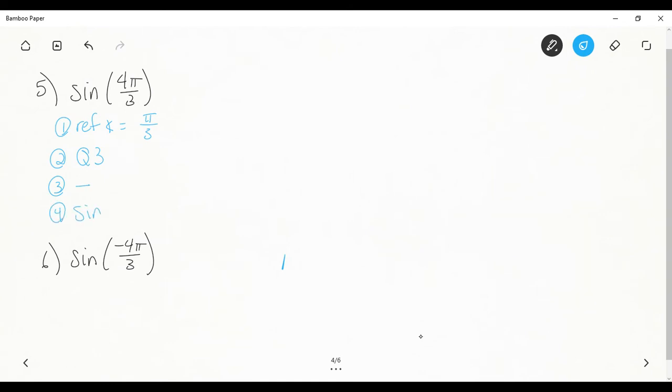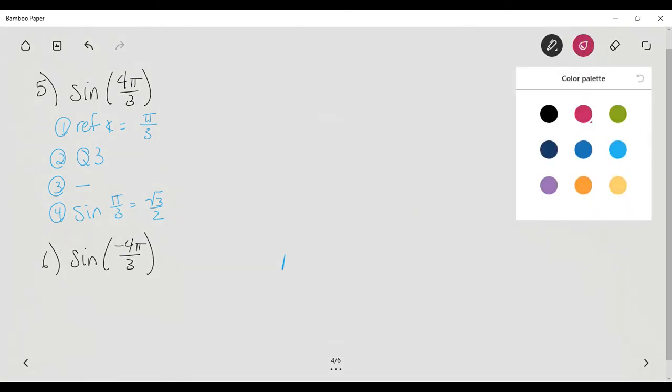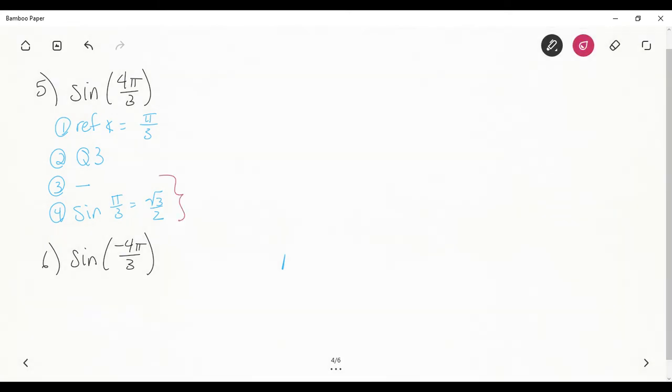So when we evaluate sine of our reference angle pi over 3, know that that is equal to root 3 over 2. So when we combine the negative and our value, we get that sine of 4 pi over 3 is equal to negative root 3 over 2.